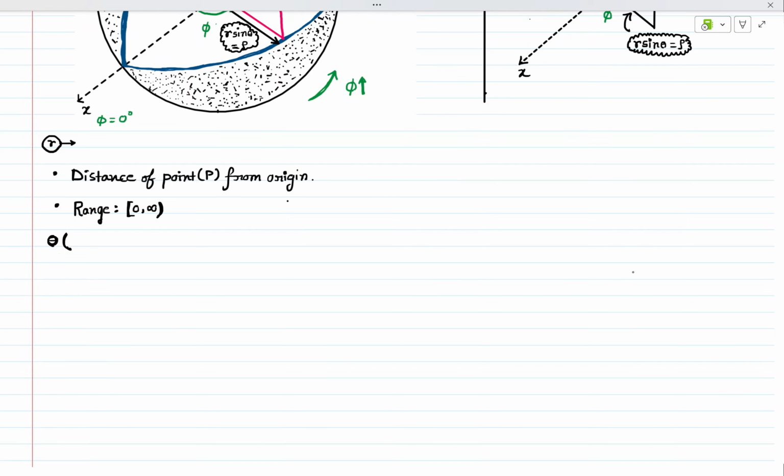Let me draw the tail of the aeroplane. The tail of the aeroplane looks like this, and now what is the azimuth and what is the elevation?